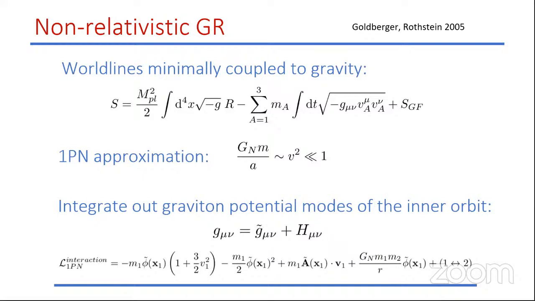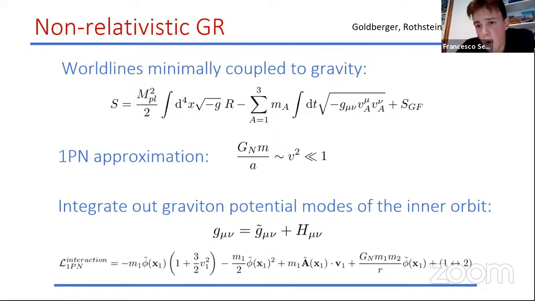Because we usually do g mu nu plus some parameter times graviton, capital H mu nu. Okay, this capital H mu nu is not normalized canonically. So you could write the same with a standard kinetic term for this H mu nu, but now it will come in any interaction suppressed by 1 over M Planck.